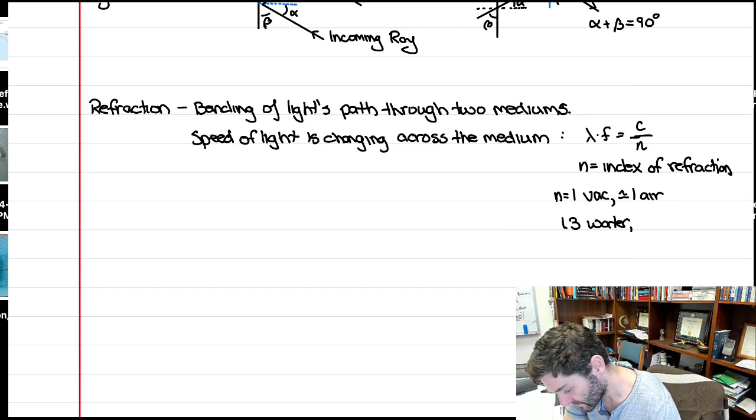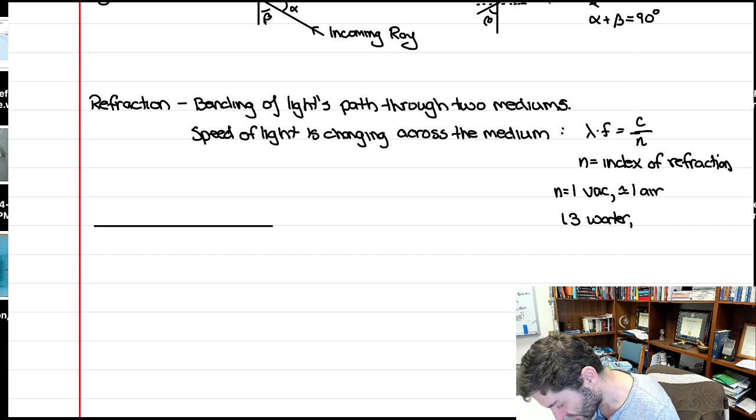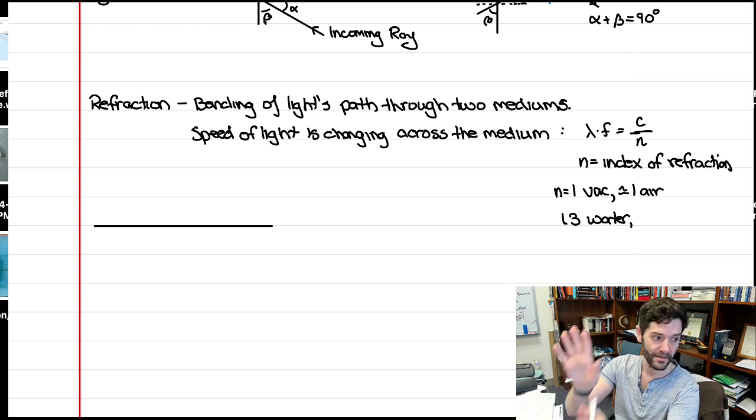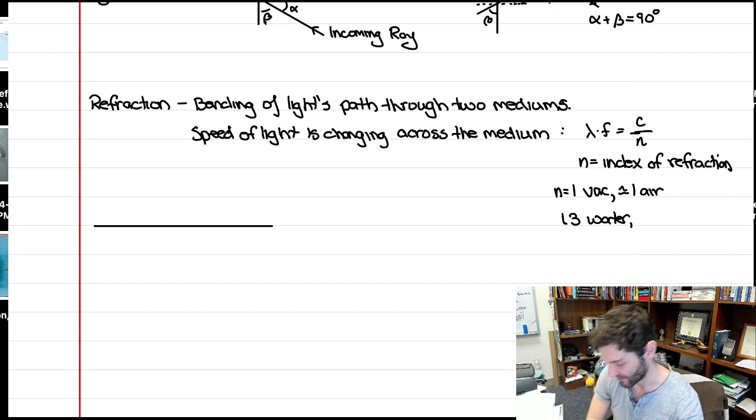So what this means is that when the speed of light changes when it goes through a medium, going back a little bit to the physics of electric and magnetic fields, the frequency ultimately ends up changing the wavelength of the light that's moving through. And so as a result, the propagation of these waves appears to take a bent path.